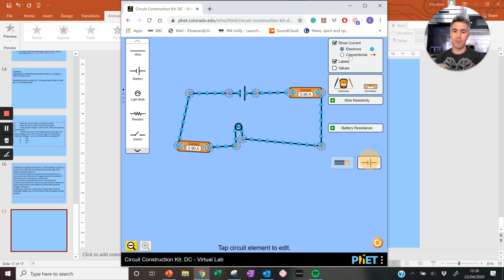Now, unfortunately, electricity was discovered before they knew about the electron. And when they were talking about electricity, they didn't necessarily know what was happening inside the battery or the cell. They just knew this electric current was flowing. So they decided that electricity went from positive to negative.